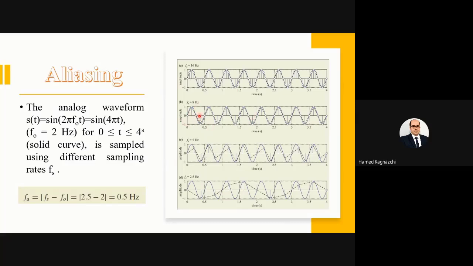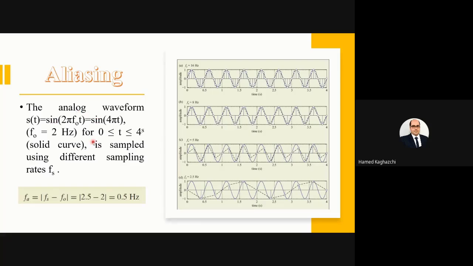Now I draw this signal between t equals 0 and 4 seconds. Using different sampling rates Fs, I can select the samples of the signal. For example, in this figure, Fs is 16 Hertz.